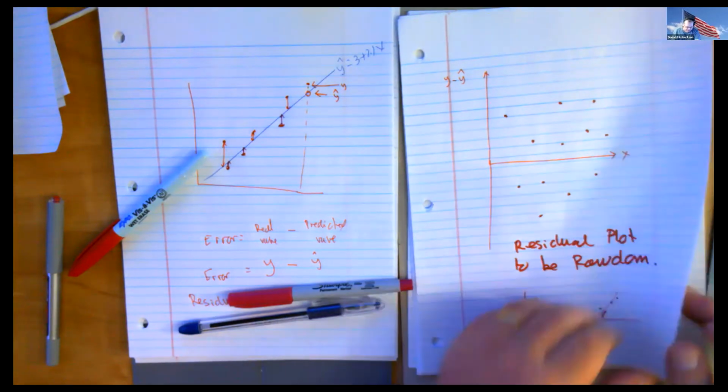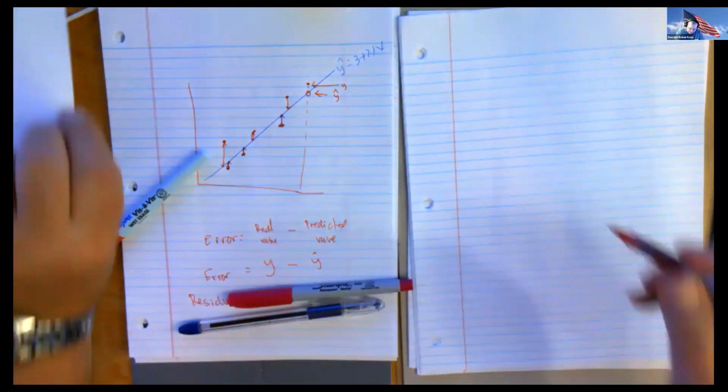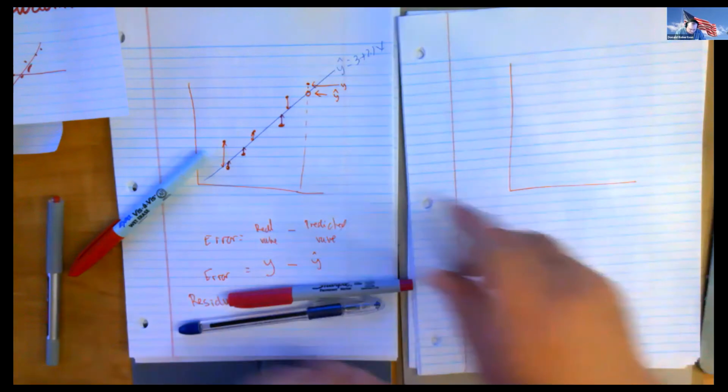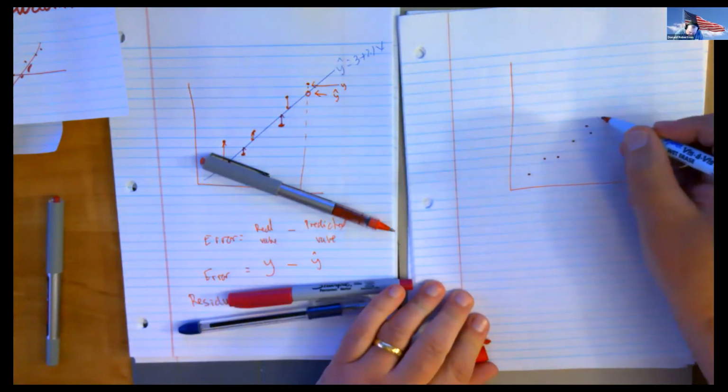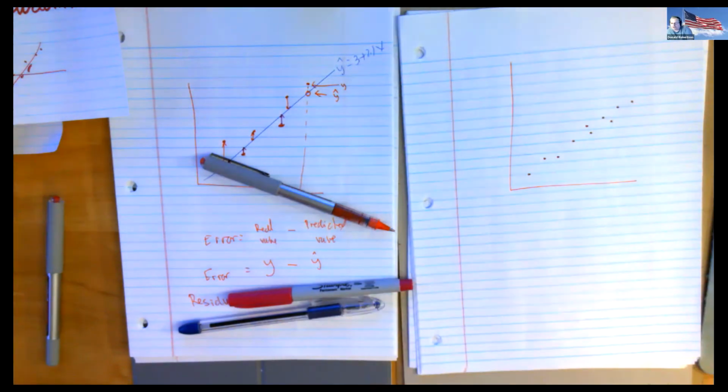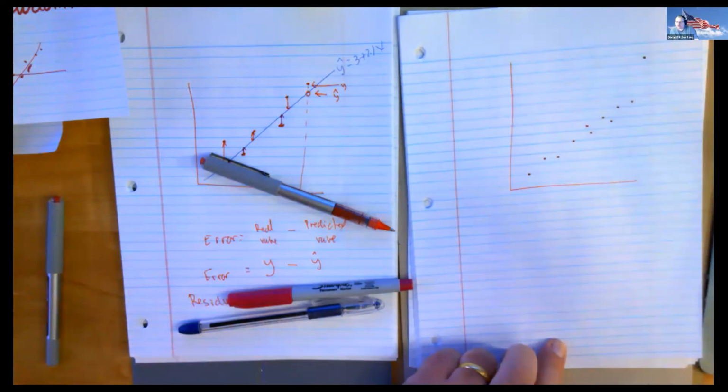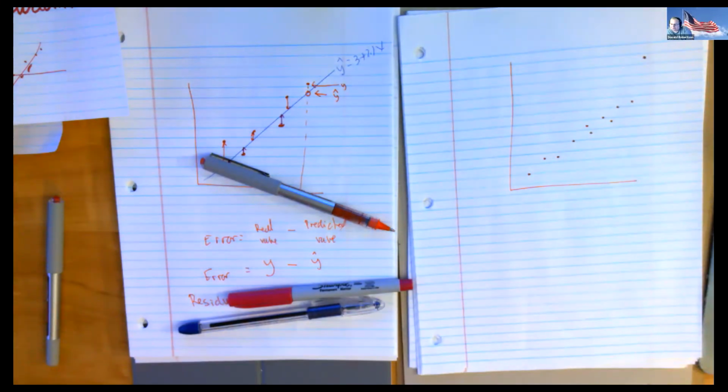Let's try an example of that. Imagine I had some data and it looked like this. Do you all see a straight line? Do you see a curve? Do some of you see a curve?